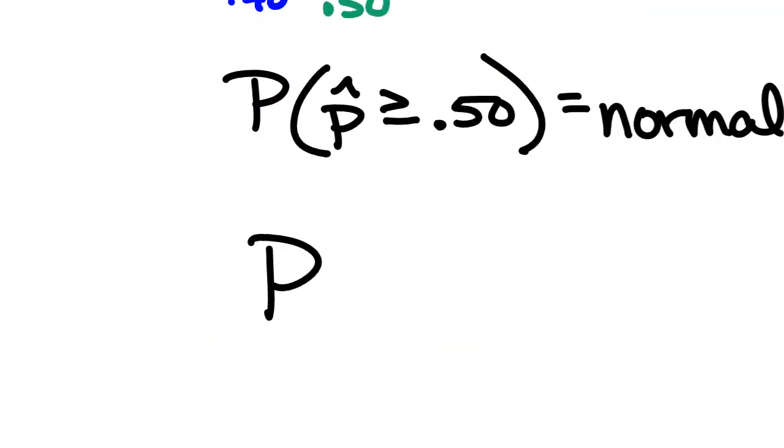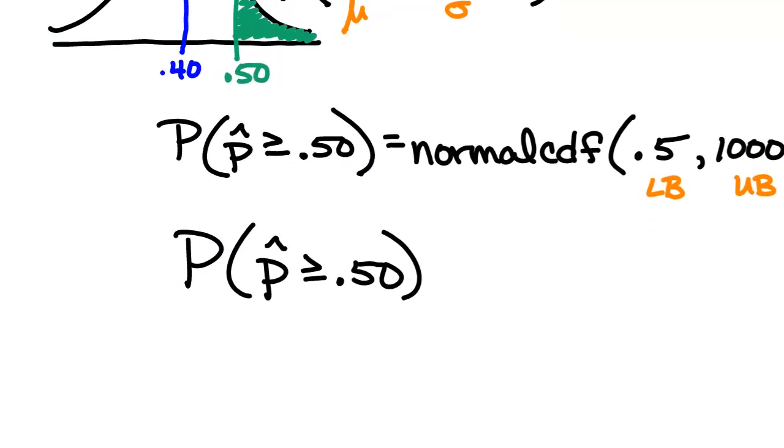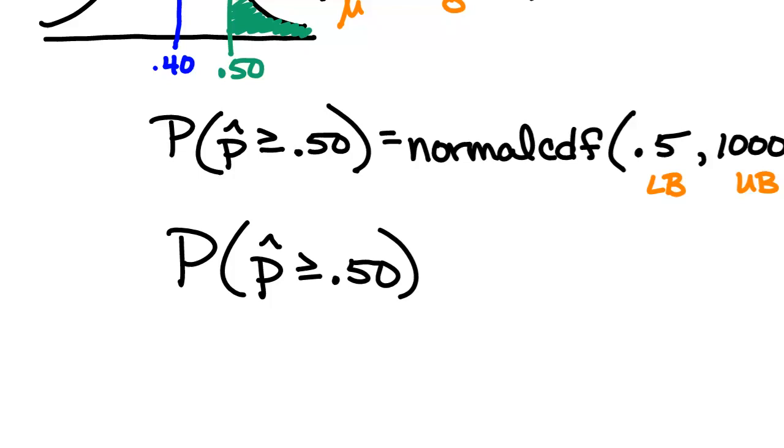So the probability that in my sample, p hat, I have a proportion of 50% or larger is about what? Point what? 0.141. Let me double check on my own calculator because I didn't do this yet.